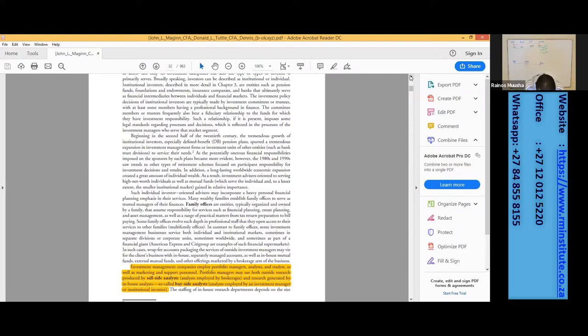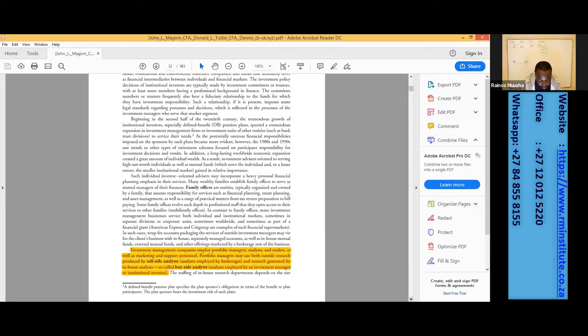So portfolio managers may use both outside research produced by sell-side analysts, which means that when they're buying information from outside researchers, they are referred to as sell-side analysts, and research generated by in-house analysts, which are also called buy-side analysts. So these are the in-house analysts who are also going to be analyzing the markets and making recommendations to say these are the good investments and these are the investments that you need to ideally sell if they are part of your portfolio as well.